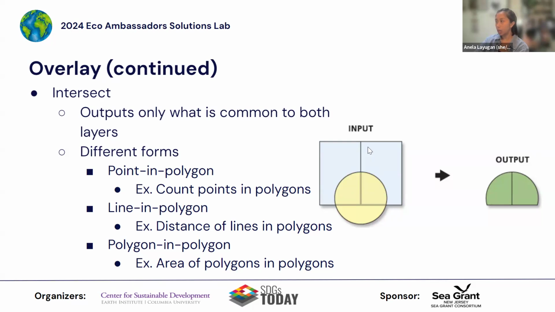For example, if you wanted to do the opposite analysis with the microplastics and the protected areas, you can do an intersect of areas that have microplastics that were collected there with a protected area and see which protected areas are still having microplastics in their collection sites.